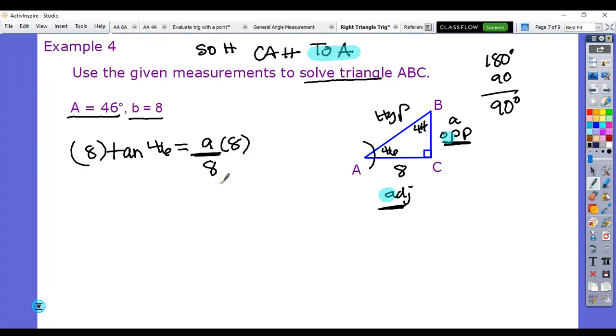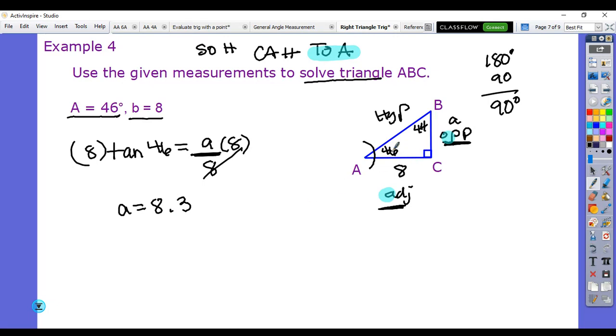Multiply both sides by 8. This cancels out. Then I can take 8 times tangent of 46. And A is 8.3.